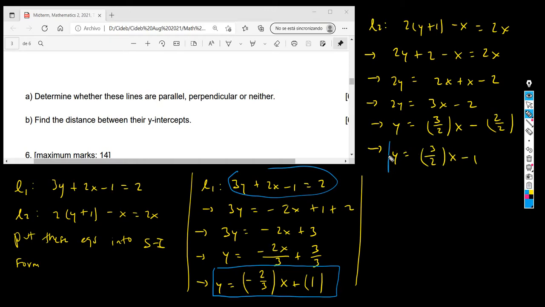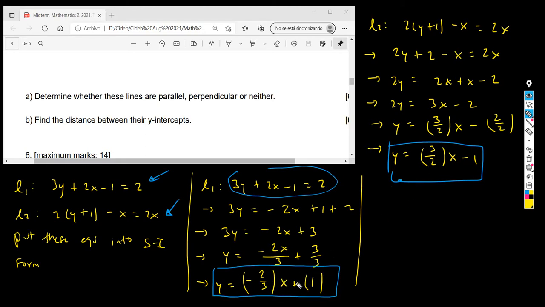That's it. I just wrote the slope-intercept forms of these two equations. So what information do they give me when I observe them and analyze them?